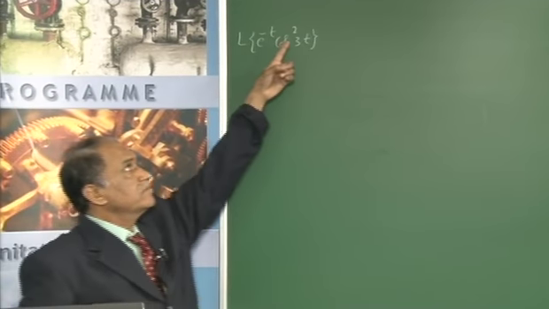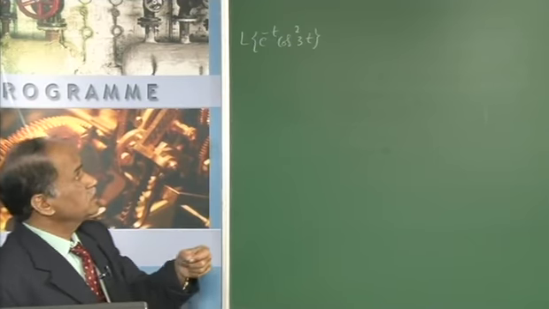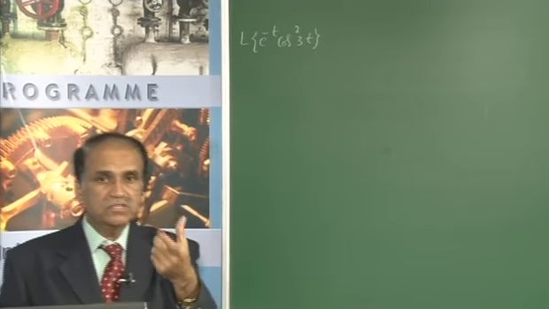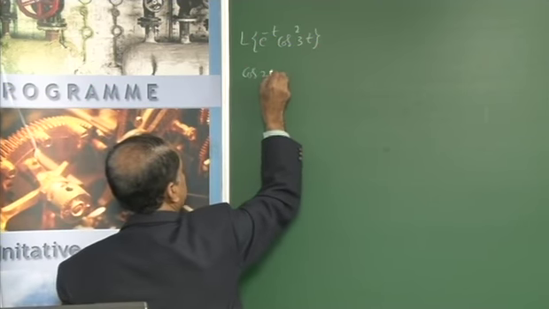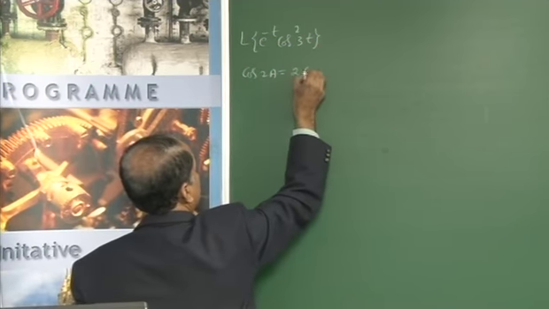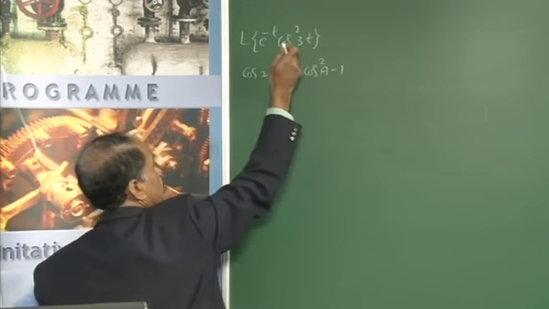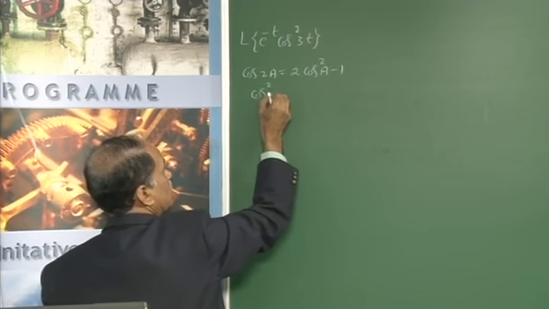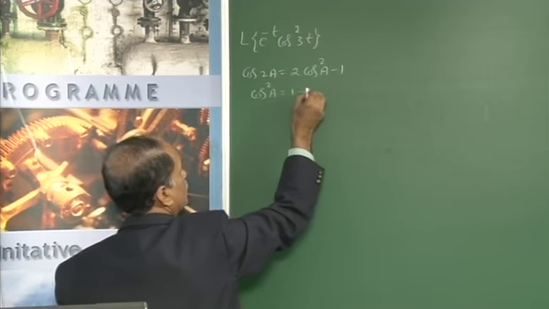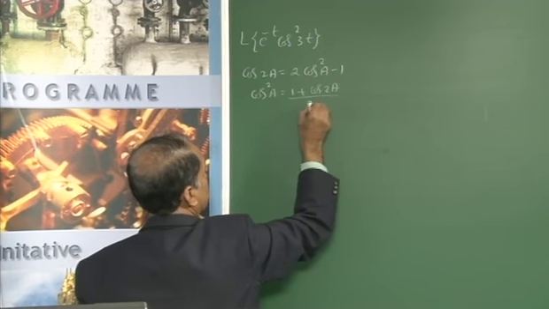This we are expecting with the first degree, so cos square 3t should be made into cos to the power of first. Then we have the formula, that is cos 2a is equal to 2 cos square a minus 1. So if you separate cos square a from this one, cos square a is equal to 1 plus cos 2a divided by 2.